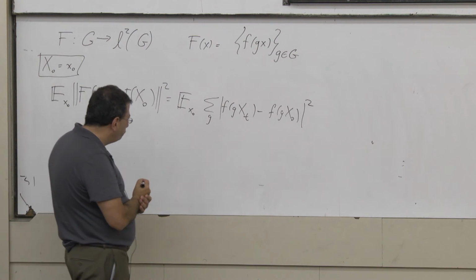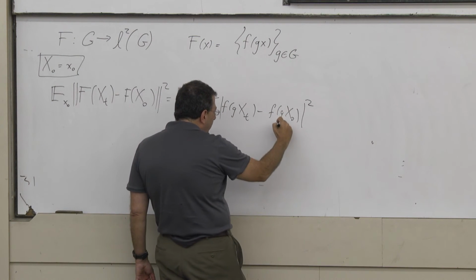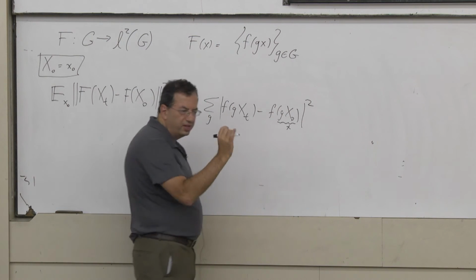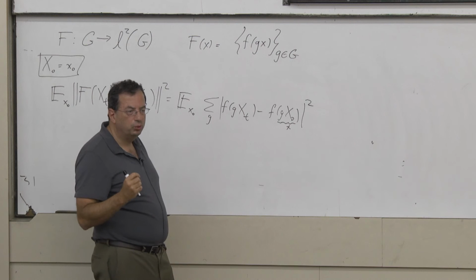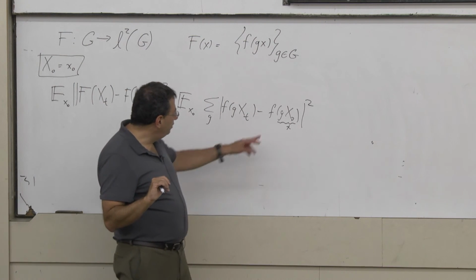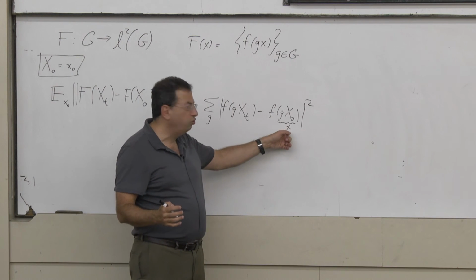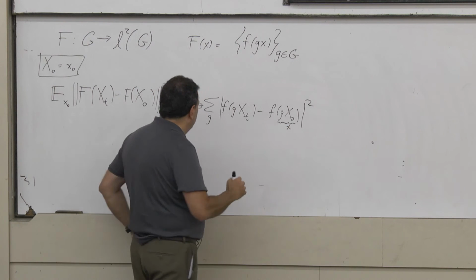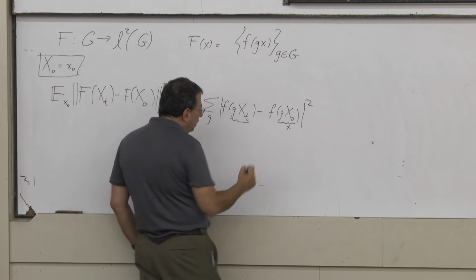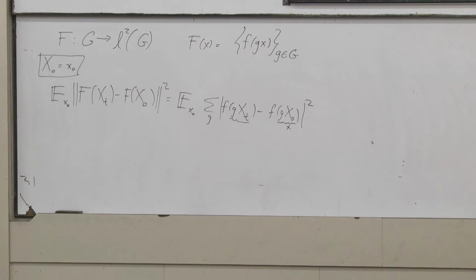But now, as g runs over the group, suppose I write this as little x. So x0 is a fixed point, say the identity of the group, but it could be any fixed point. So as g runs over the group, g x0 also runs over the group. So call this x. This will be another index running over the group. Now the random walk I'm doing here, maybe I should have emphasized, is a right random walk on the Cayley graph.